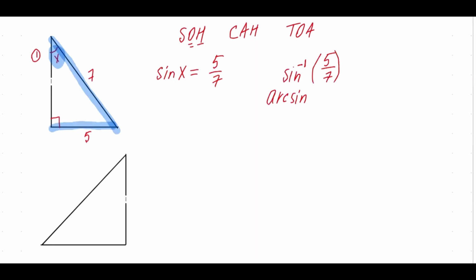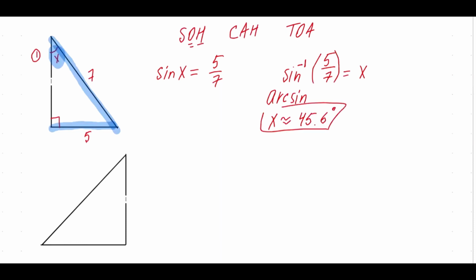The calculator will find the angle for you. This function answers the following question: sine of what angle gives you 5 over 7? So x should be about 45.6.